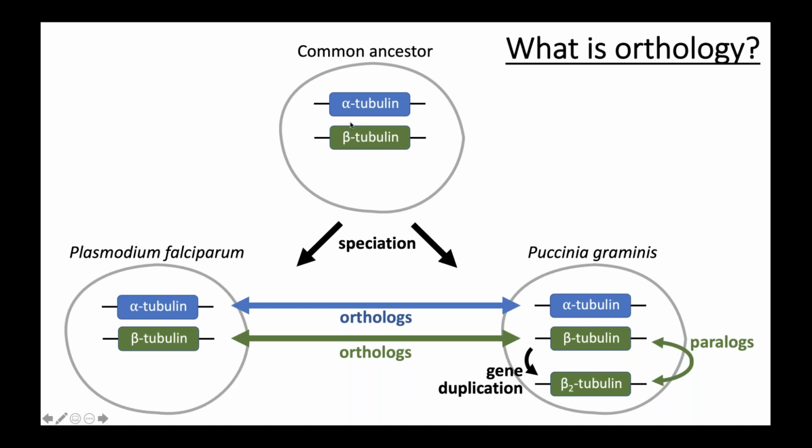So maybe this here was at a paralog state. And then once speciation happened and both genes were copied and retained their function, each one was an ortholog. But it's not to say that these are not related, because at some point back in time, they were generated by a duplication.